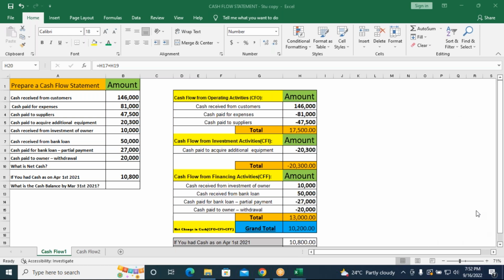Pooja Panchal is also present. Janet is present. Nivedita, present, ma'am. Janet is absent.